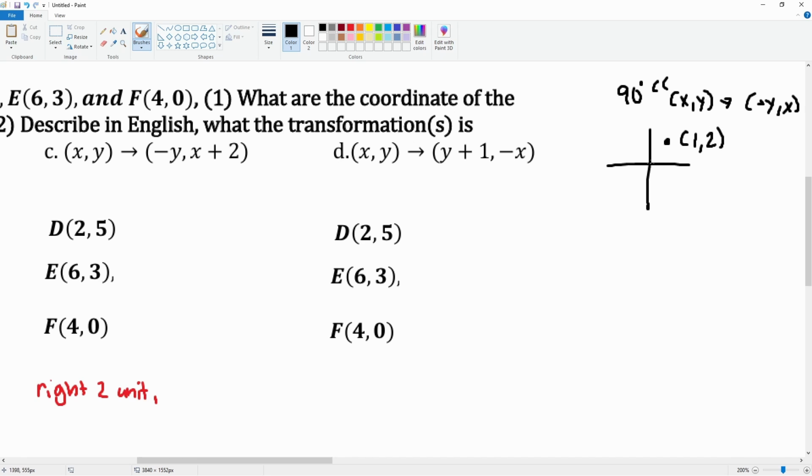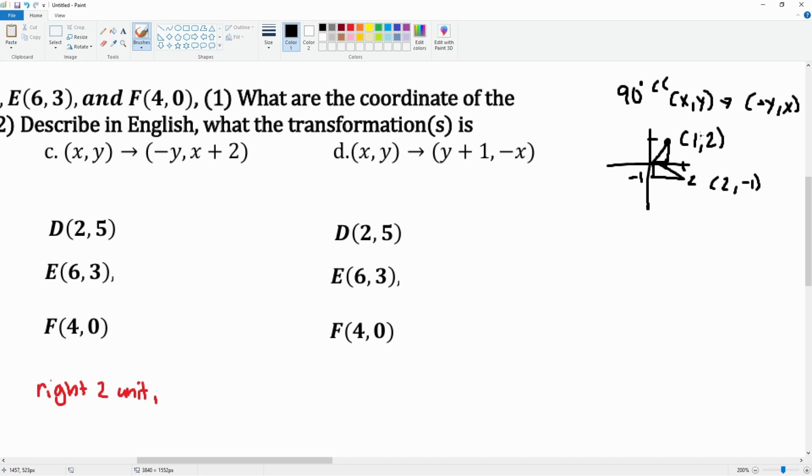Then it's going to be here, so it is (2, negative 1), right? Yes, and then it's the x value that changes.